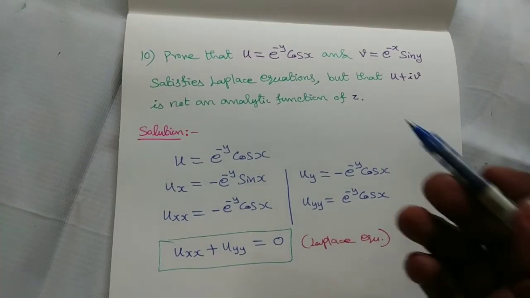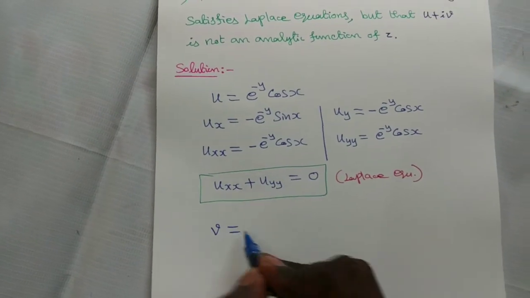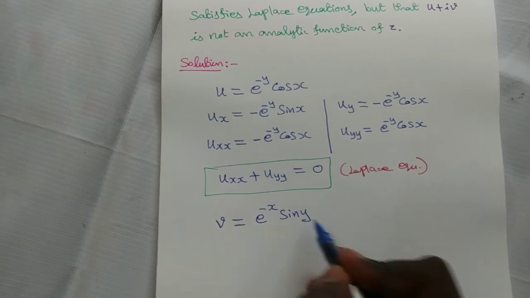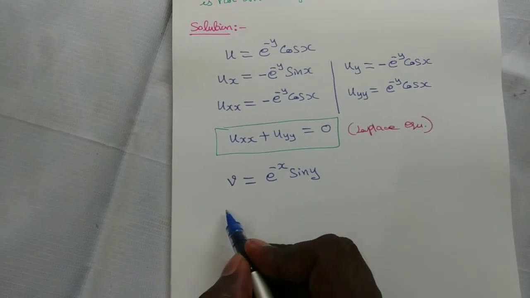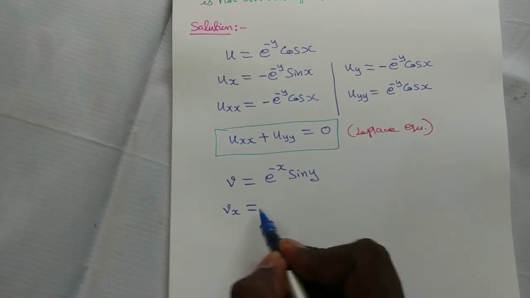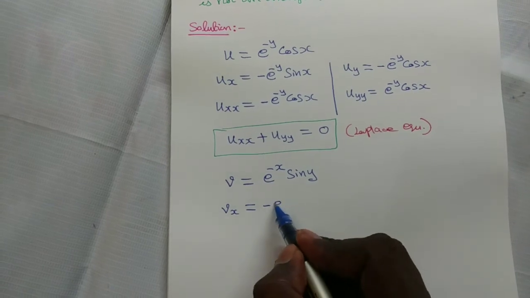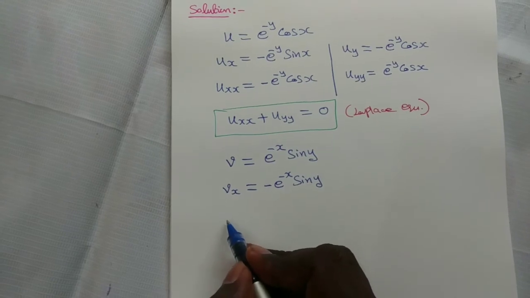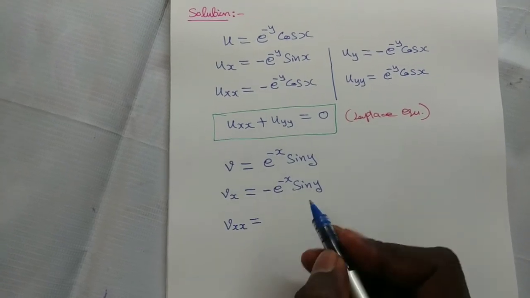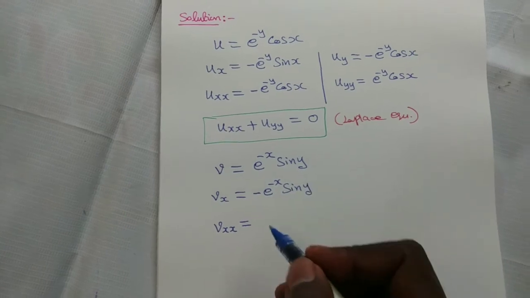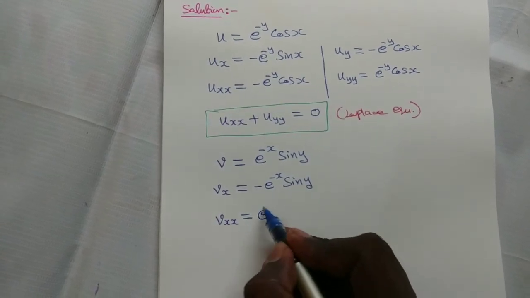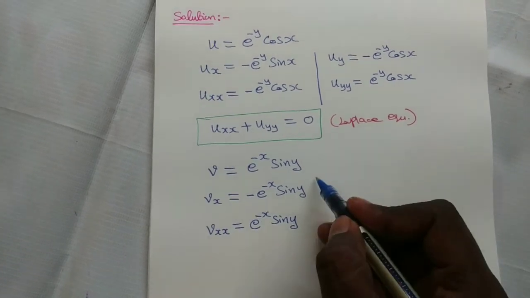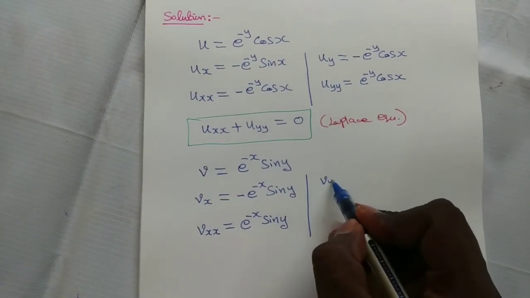So next I am going to take v. So what is v? v is equal to e power minus x into sin y. Okay, so now first I am going to differentiate partially with respect to x. So vx is e power minus x differentiated, minus e power minus x, into sin y. Once again with respect to x, vxx is equal to minus of minus, plus e power minus x into sin y. Next I am going to differentiate with respect to y.